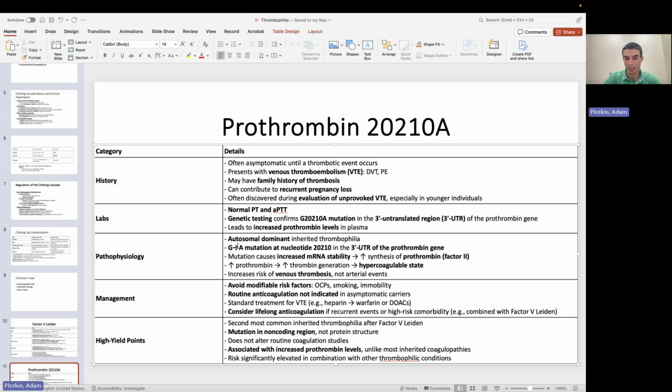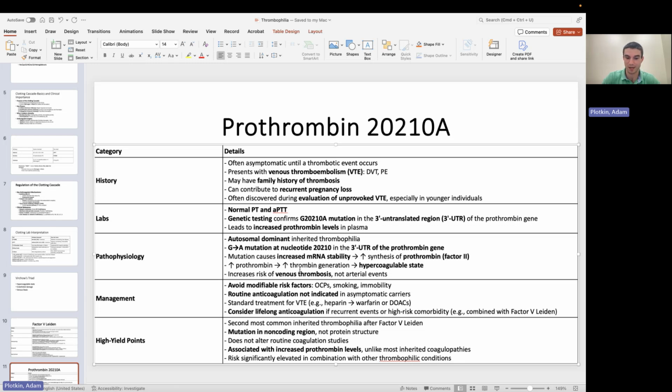We switch out a guanine for an adenosine at nucleotide 20210 in the 3' untranslated region. This mutation causes increased mRNA stability, so we're able to make more of this prothrombin gene, factor 2. Increased prothrombin increases thrombin generation, and it puts us into that hypercoagulable state.